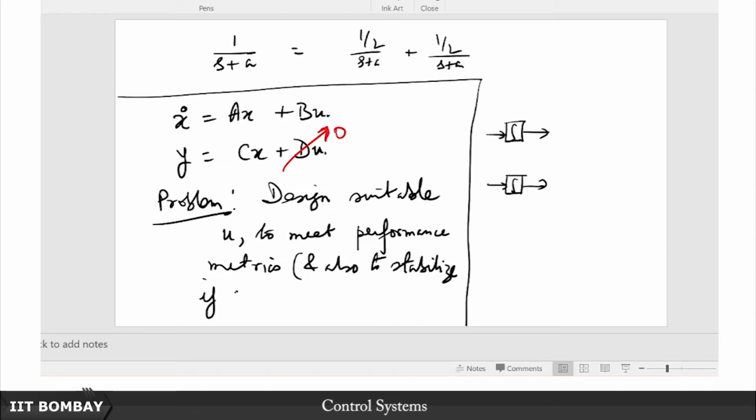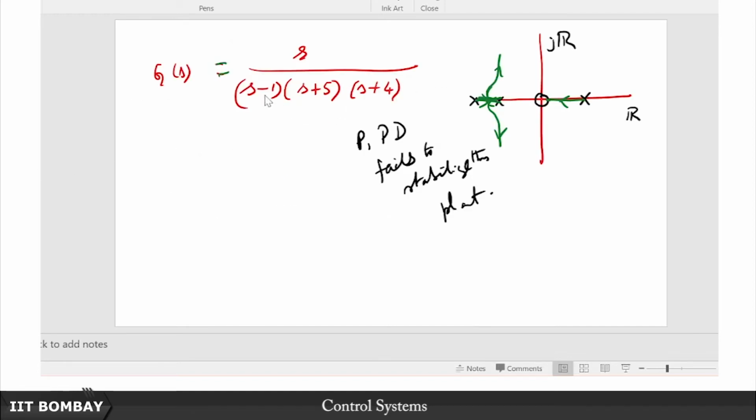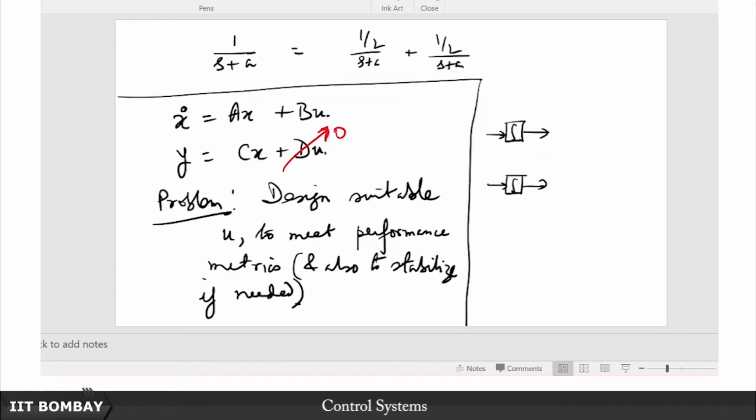If needed means if the plant is not stable. For a plant such as this, you see that in the open loop there is a pole in the right half plane. So the first thing you need to do is to stabilize, then comes the question of performance. If it does not even stabilize, it does not make sense to talk about performance at all. But now the restriction is, what sort of u are we going to cook up?